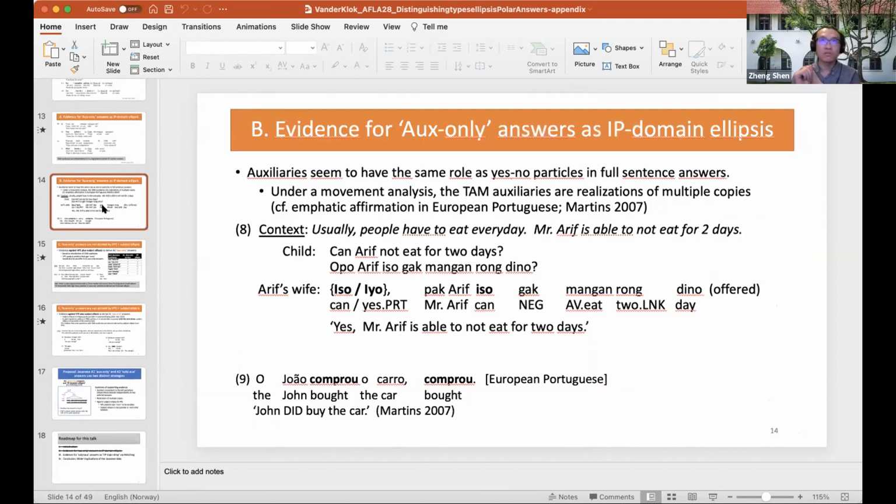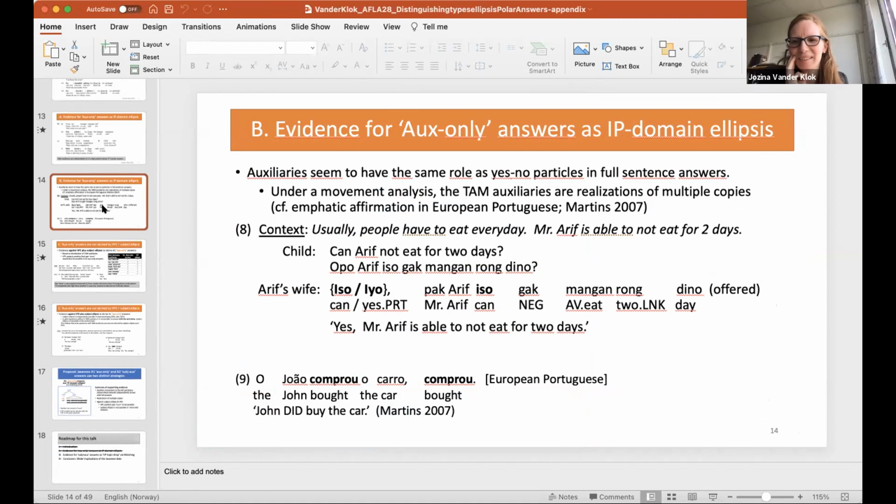So this argument is saying the ESO behaves like yes, that's why it's probably somewhere in the IP domain or even higher. I was just wondering, just by looking at the answer in 8, how do we know it's not bi-clausal? So first you do can, then you say the rest of the sentence.